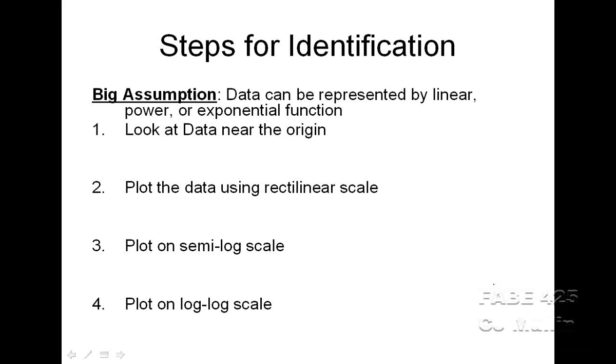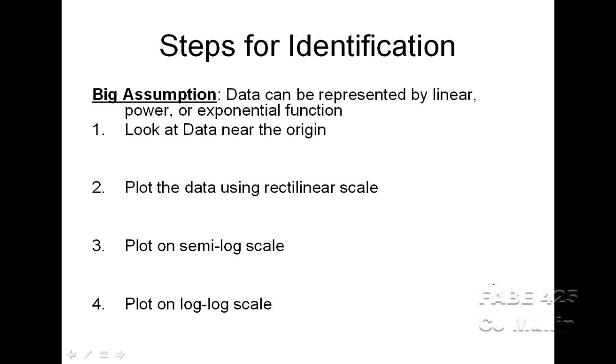So the first step I've listed here, and I've taken these out of the book. I changed the last couple a little bit because I thought the book was a little bit weird. You end up doing the same thing, but the first step is the same as the book, and that's look at the data near the origin. So we know that the exponential is never going to pass through the origin. If it doesn't pass through the origin, then it could be an exponential function.